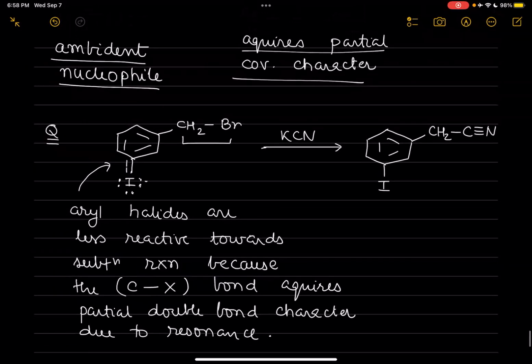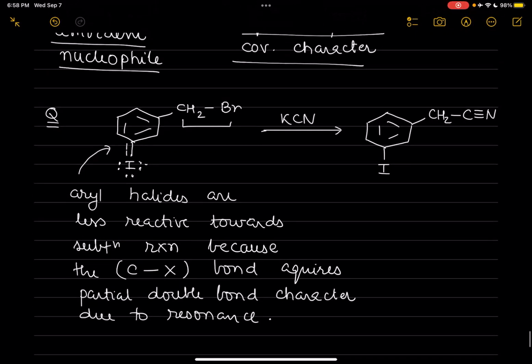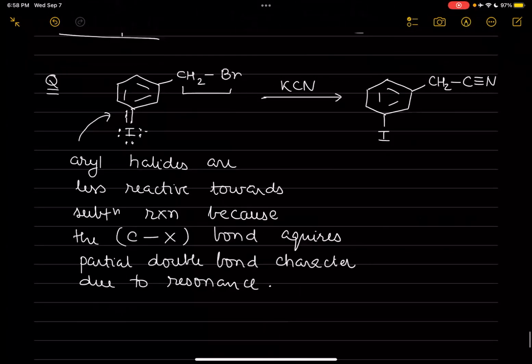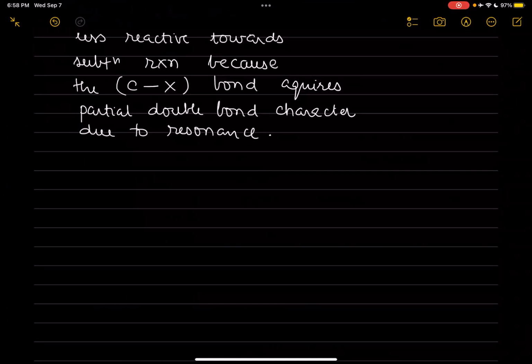Even if you take 2 moles or even more KCN, the iodine will not be removed under normal conditions. So here you can show this partial double bond character, and that will let you know that it is less reactive.